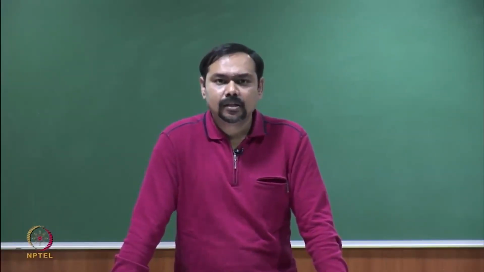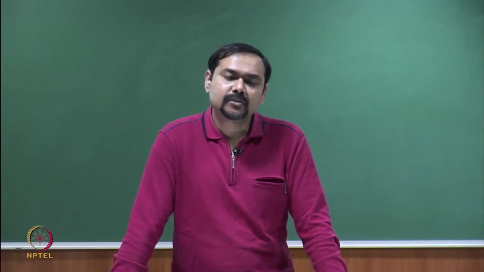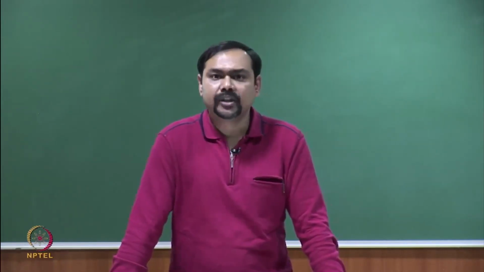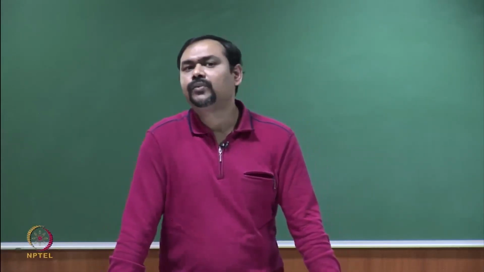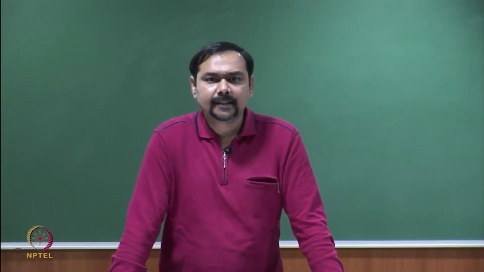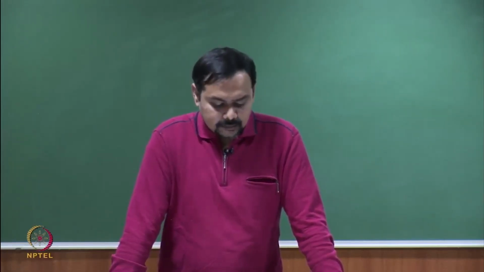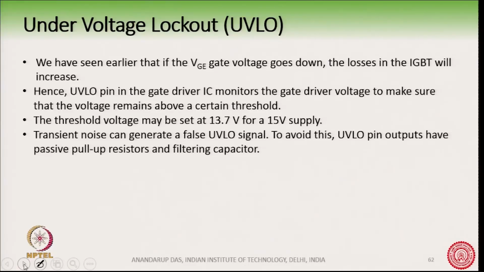It makes sure that this voltage is above a threshold value. The threshold voltage may be in the order of 13.7 volt for a 15 volt supply. But remember there may be a transient noise sometimes causing a false UVLO signal. So, generally these UVLO pin outputs have passive pull up resistors and filtering capacitors to get rid of the transient noise and a false UVLO signal.